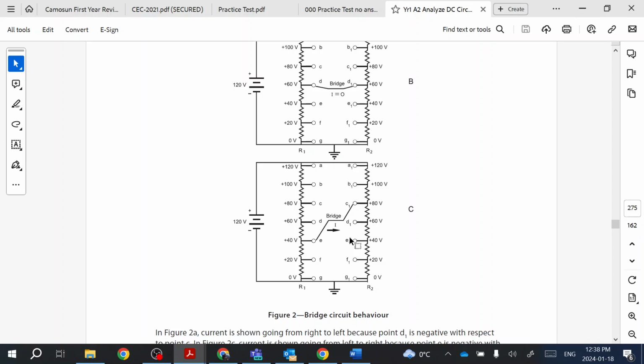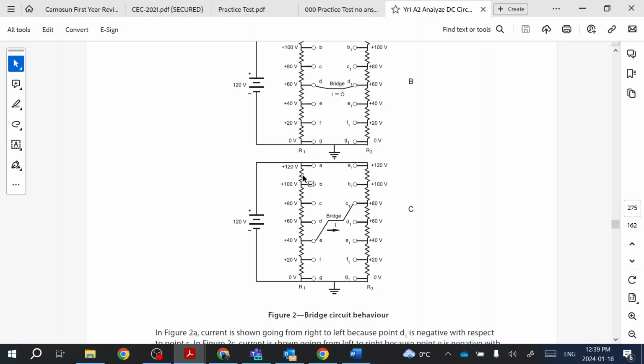Now, one other note here is that we have our source, with a negative side and a positive side. As we go up this particular rung, what we can say on this circuit is that this resistor, because it's closer to the negative of our source, is going to be a lower value voltage than up here, 120 volts.